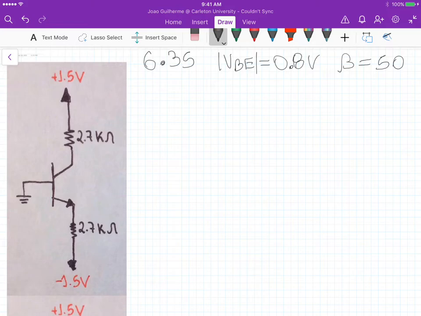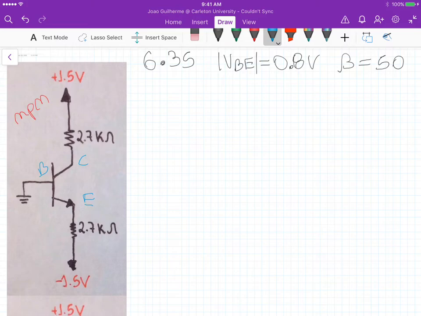So the problem says that the magnitude of VBE is 0.8 volts. In this case, because of the arrow, we know that we have an NPN transistor, with the emitter here, the collector here, and the base here.